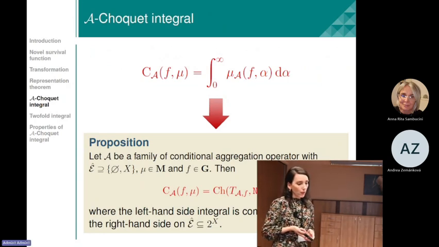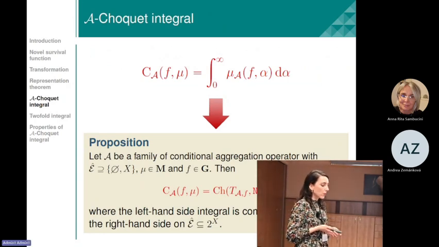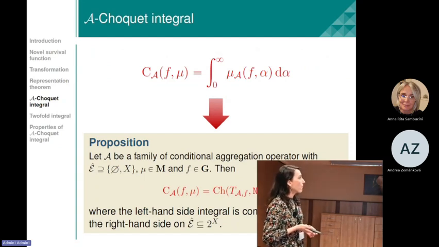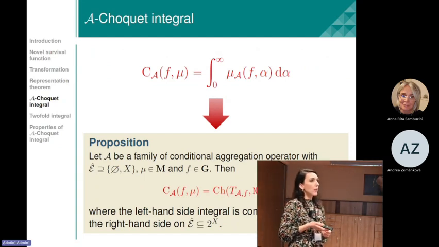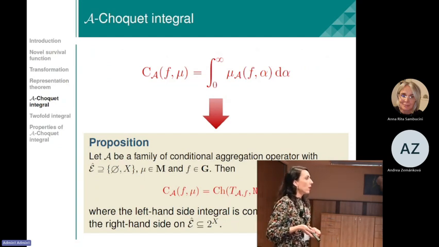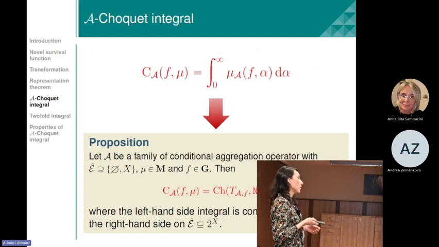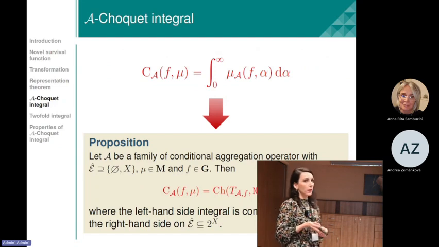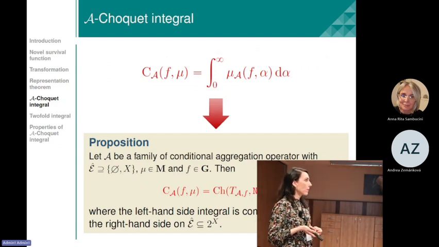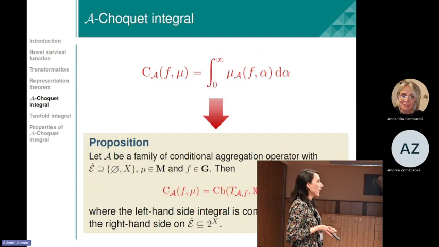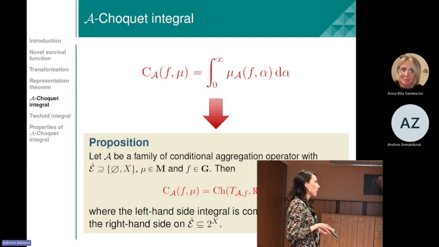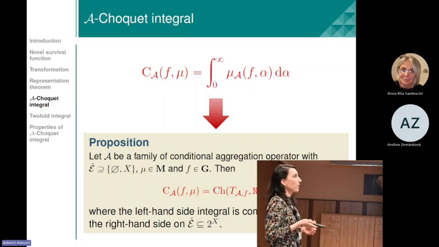Generalized survival function naturally gives rise to a generalized Choquet integral, but using our representation via NME and T, we showed that the generalized Choquet integral is a standard Choquet integral, but on a hyperspace. Therefore, it's a Choquet integral of a set function T and monotone set function NME on a family of sets.